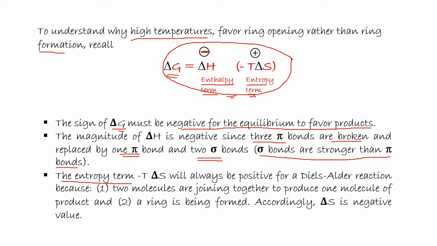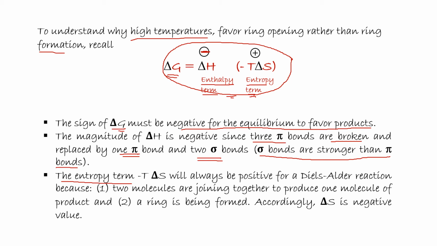Let's see the entropy term. We started with 2 molecules, diene and dienophile, and we end with 1 molecule. So this means that entropy will be a negative value. We started with 2, and we restrict the probability because we have 1 molecule.